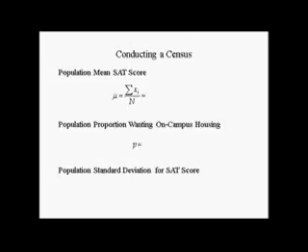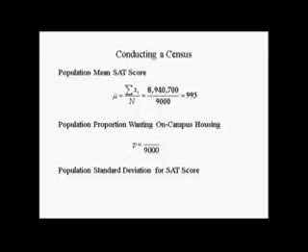The population mean SAT score equals the sum of the SAT scores divided by the size of the population. Since the size of the population is 9,000, and the sum of 9,000 SAT scores is 8,940,700, the population mean is 993.